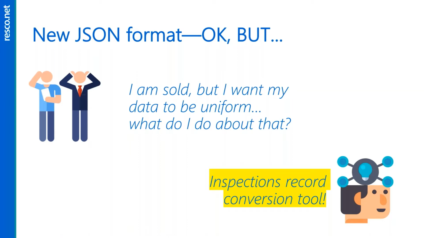If you start using the new JSON format, you will have three different versions of questionnaires stored in your system. So what do you do about that? Good news, we will be introducing a conversion tool later on, which will allow you to move all your old questionnaires to this new format as well.